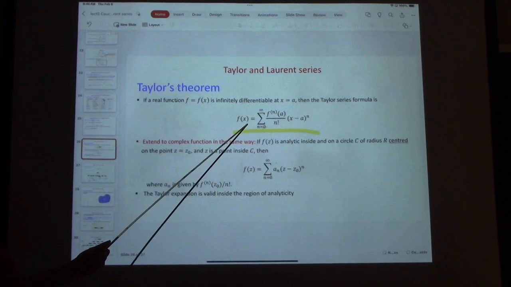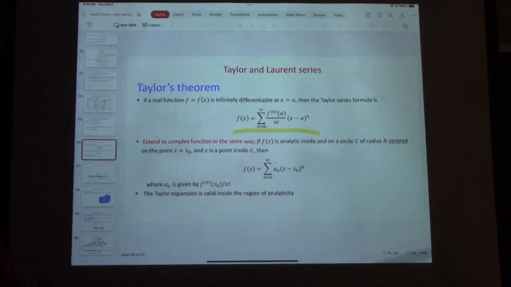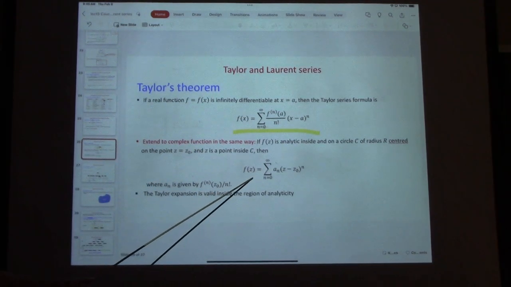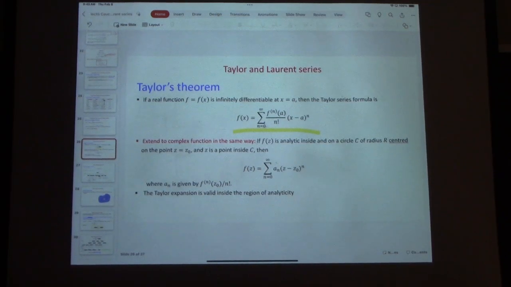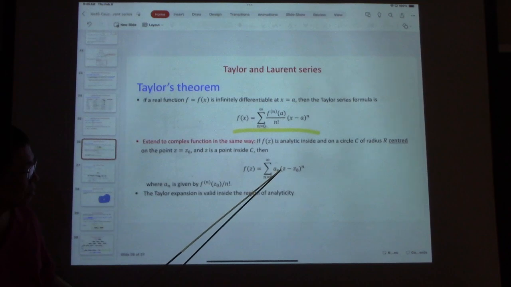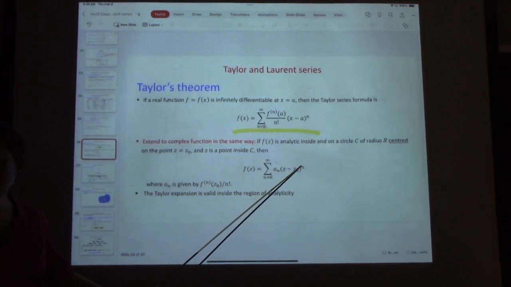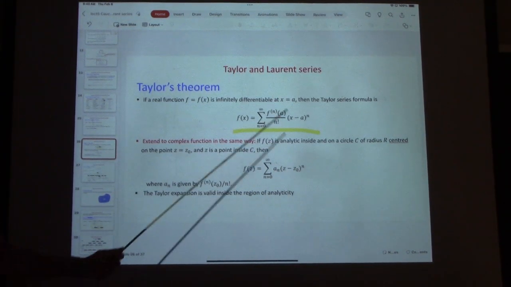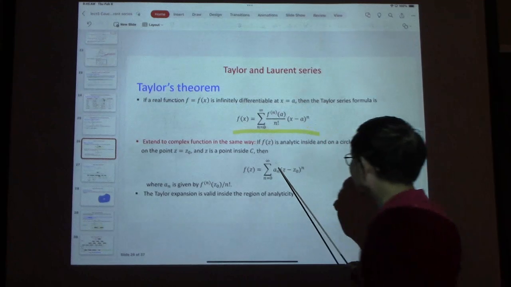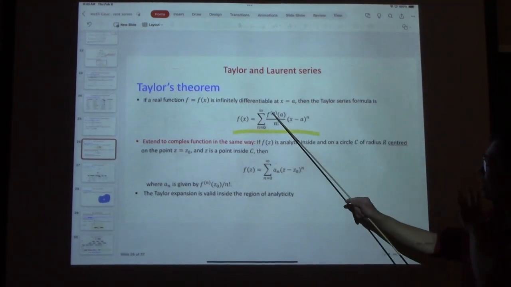So now let's follow the idea and extend it to complex functions. We will say we can also expand an analytic function in the Taylor series form. The key factor here is still z minus z0 to power n, similar to that. And then there is a coefficient in front, and the expression is very similar to that.